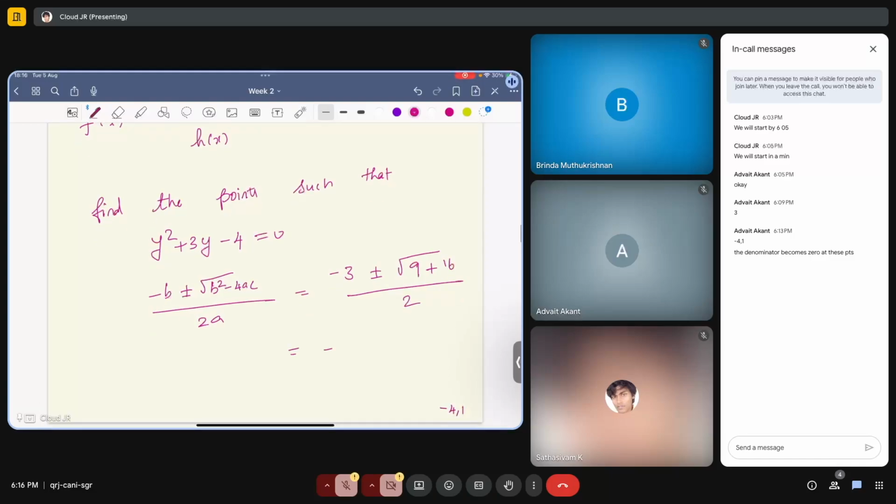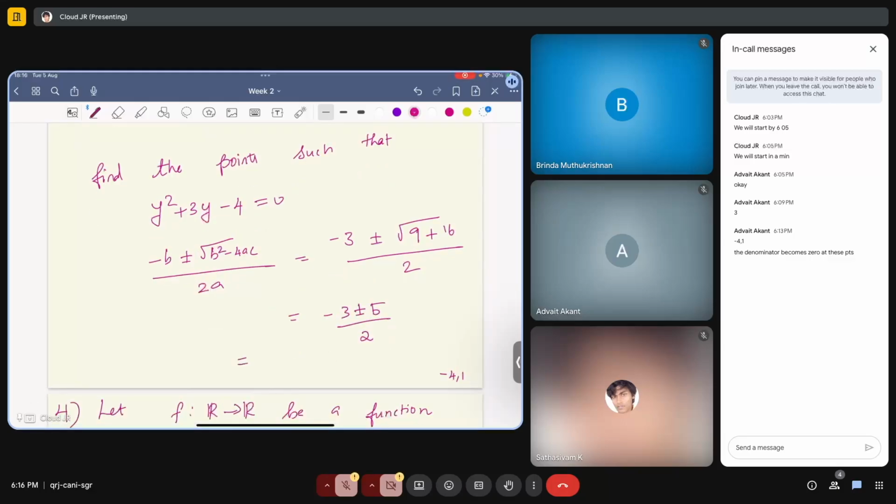Okay. So this is minus 3 plus or minus 5 by 2. So if you compute it, it is either 2 by 2 or minus 8 by 2. Okay. So in this case, you will get the answer is 1 comma minus 4.